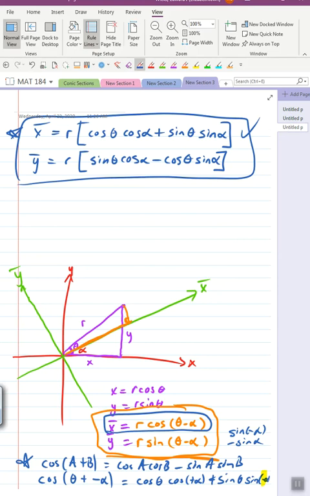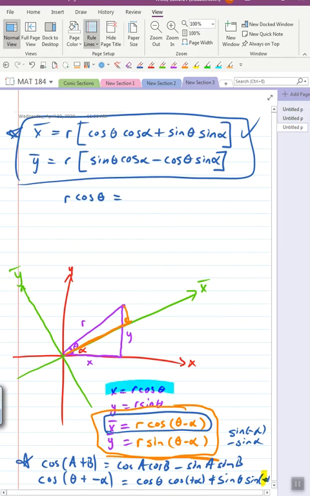Okay, but what do you know about, and this part is important, what do you know about r cosine theta? What is that? That's x. And what do you know about r sine theta? That's y.